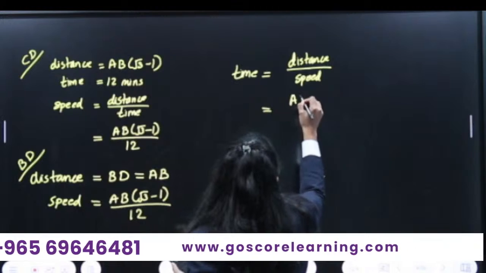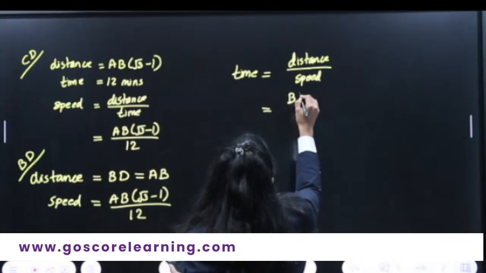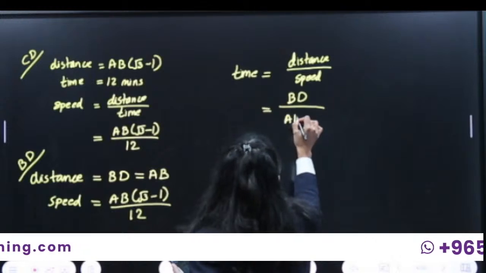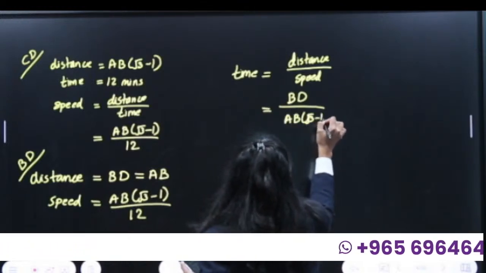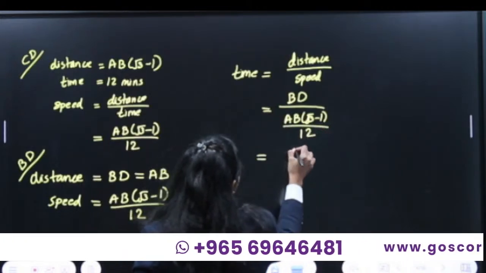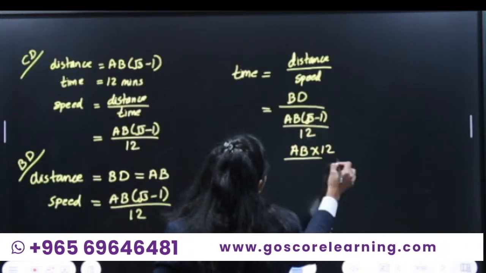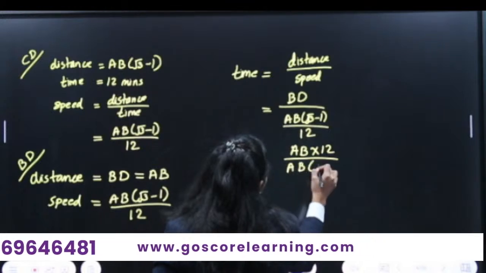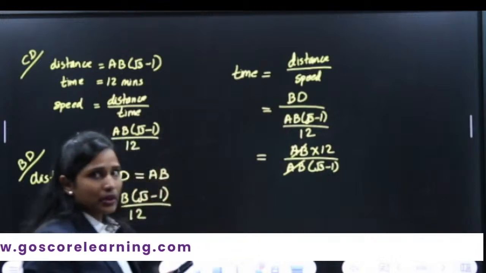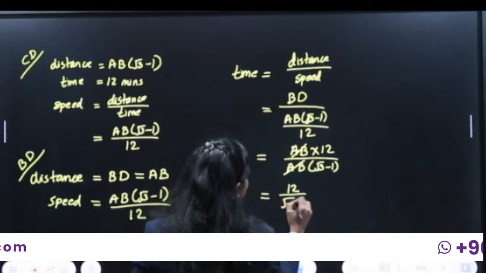First we write BD, then instead of BD we can write AB. So the time is AB divided by AB into root 3 minus 1 by 12, and this is the reciprocal: AB into 12 divided by AB into root 3 minus 1. So you can cancel this AB. So the time is 12 by root 3 minus 1.